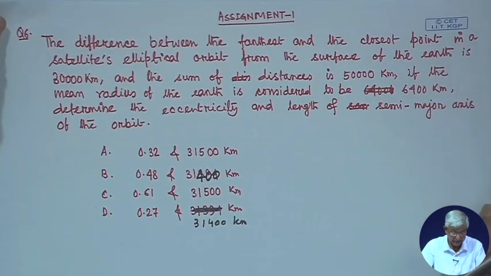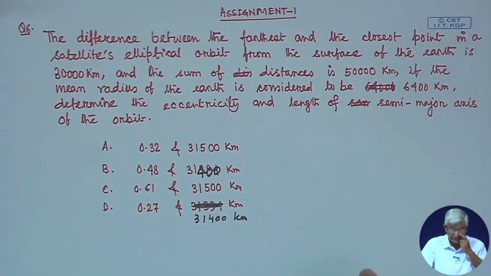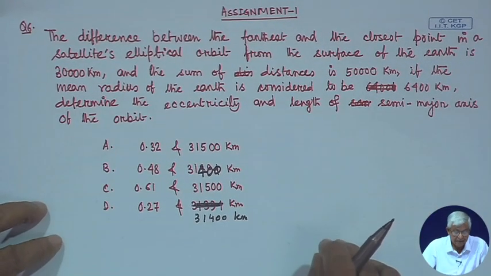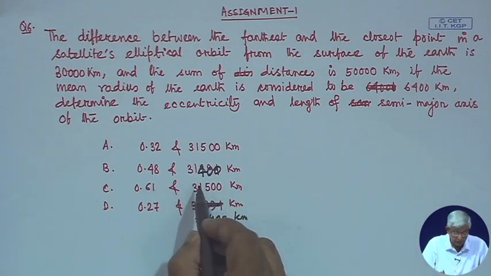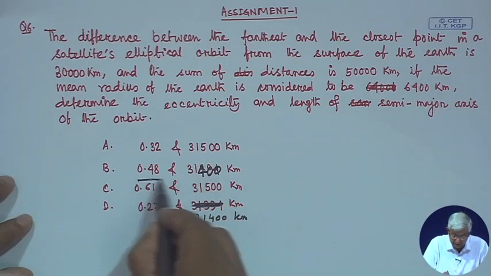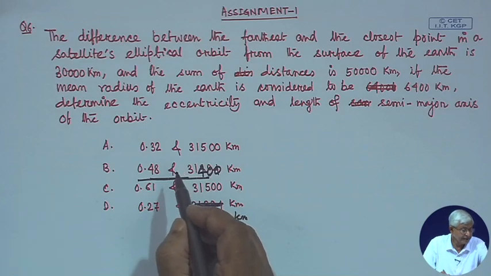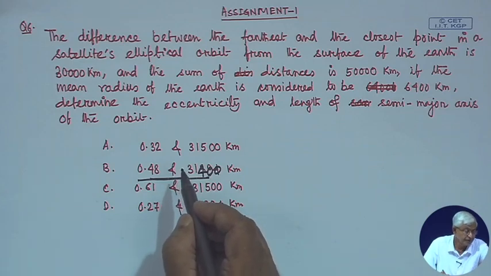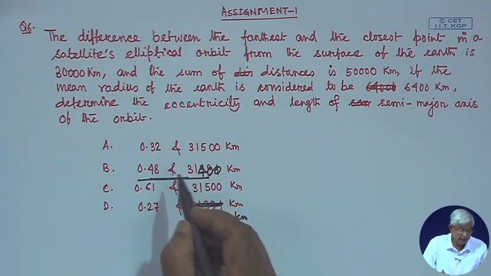Now, we go back to the assignment question we missed somewhere, that is question number 6, and the correct option is supposed to be B. I think I worked it out.